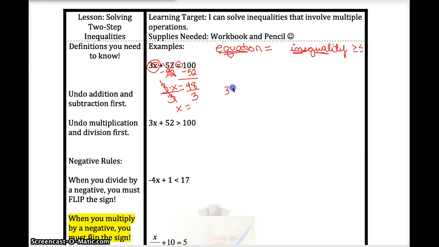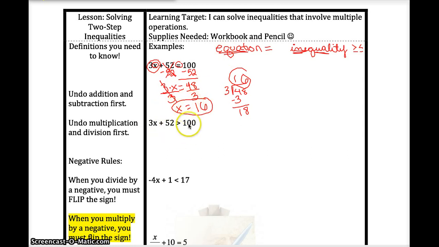Let me double check. 48 divided by 3, yeah, it's 16. And so x equals 16. And there's your answer. Notice again, this is an equation, so we have an equal sign in the middle.